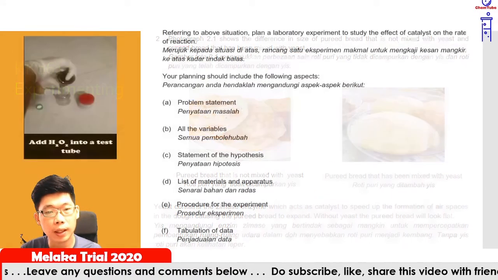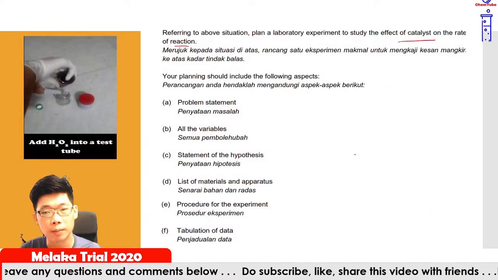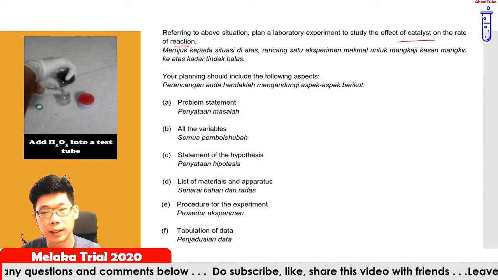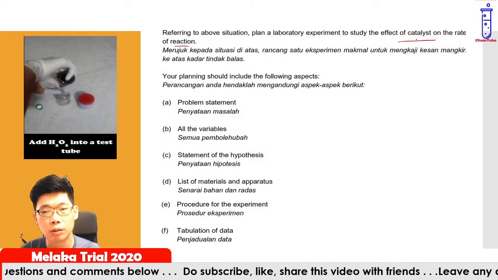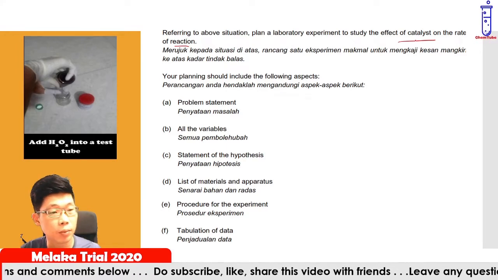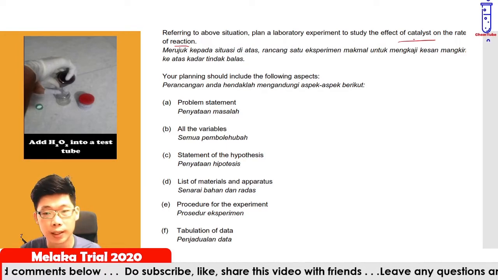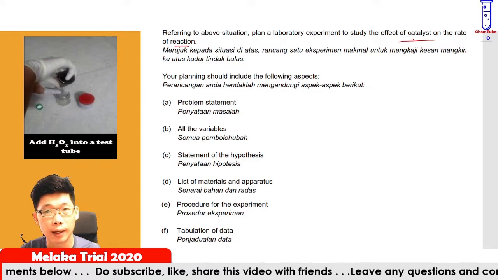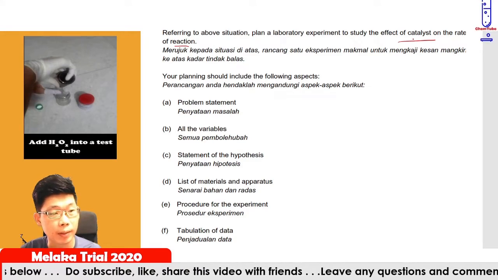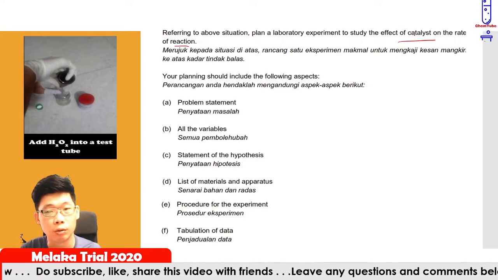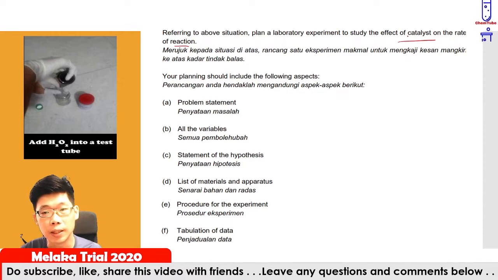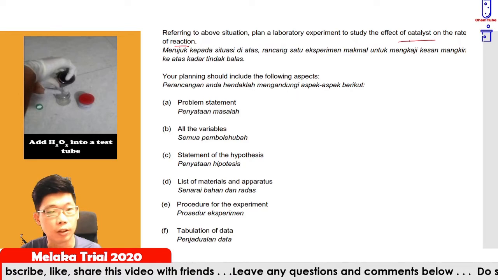So normally you need to do the experiment based on the title, like catalyst. So we use the one in the SPM syllabus, the hydrogen peroxide experiment, to determine the effect of the catalyst on the rate of reaction.